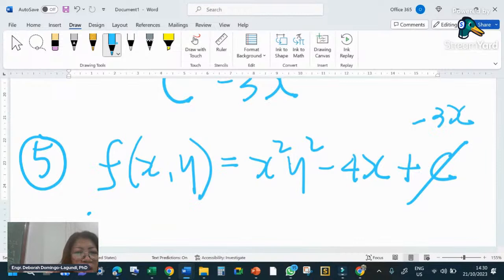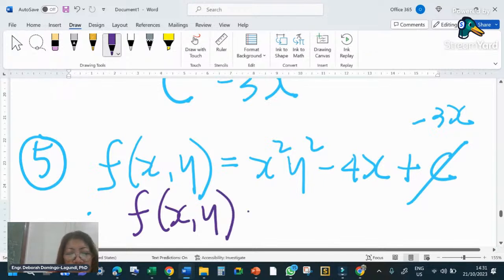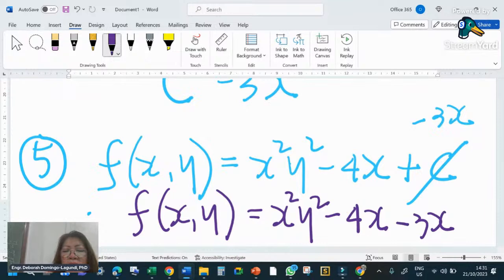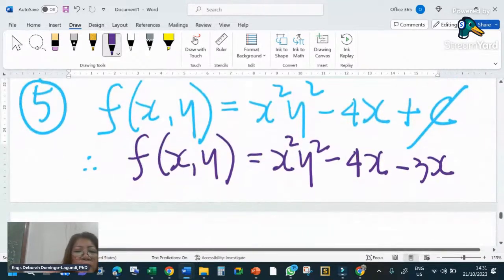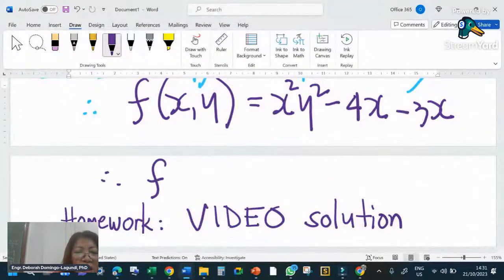Therefore, our final answer will be the function of xy equal to a particular solution of the differential equation: x squared y squared minus 4x minus 3x. Combining the 4x and 3x together, then you will have the very final answer, sorry for that.